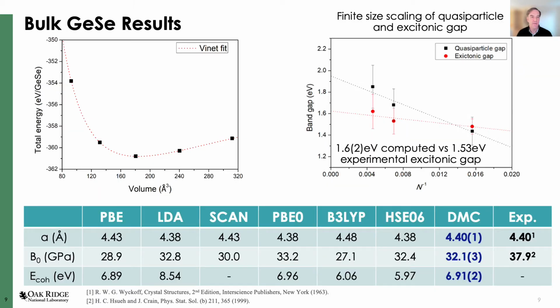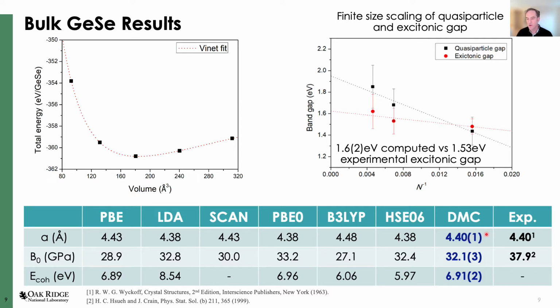What then do we find when we look at bulk germanium selenide? So we do the diffusion Monte Carlo. For example, here's total energy versus volume. We also look at excited states, and we're going to come back to that in a moment. And in this table, I show the lattice constant, bulk modulus, and cohesive energy for a menu of different approximate DFT functionals, and also the diffusion Monte Carlo results.